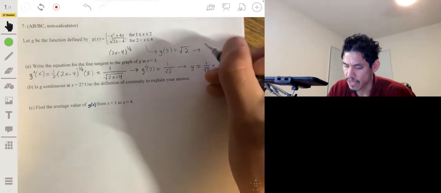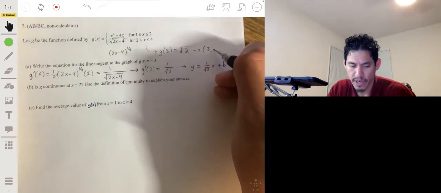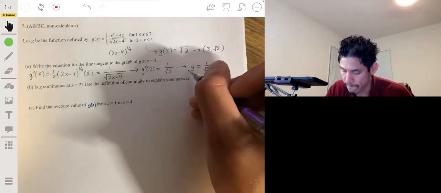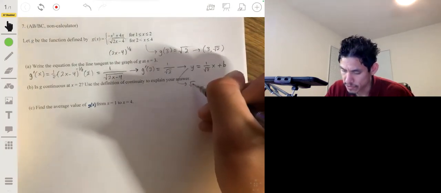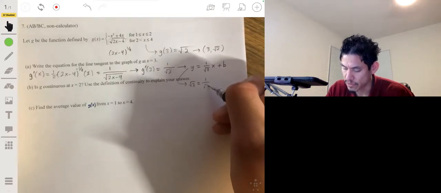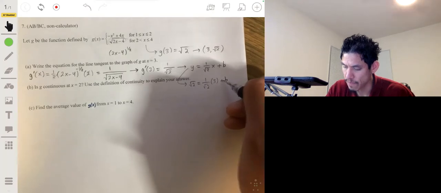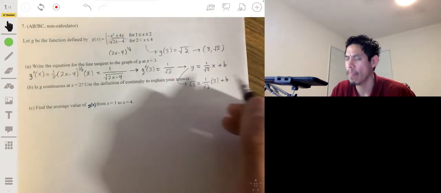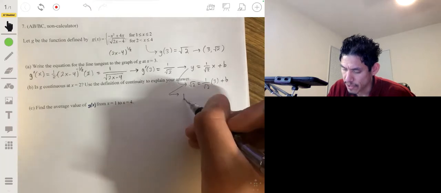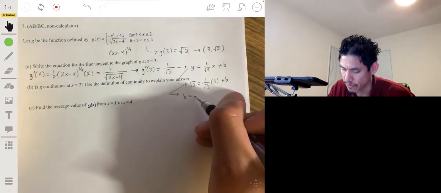And so that means this will have the point 3 comma root 2, and we can use that to solve for b. So we're going to have root 2 being equal to 1 over root 2 times 3 plus b. And so then b will simply be root 2 minus 3 over root 2.